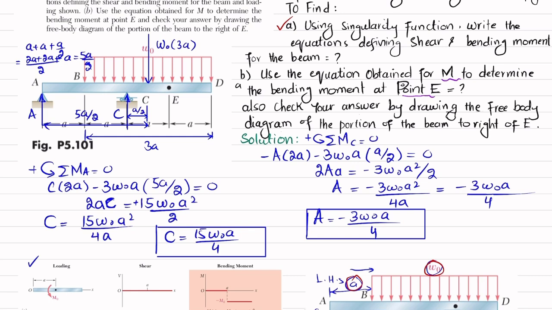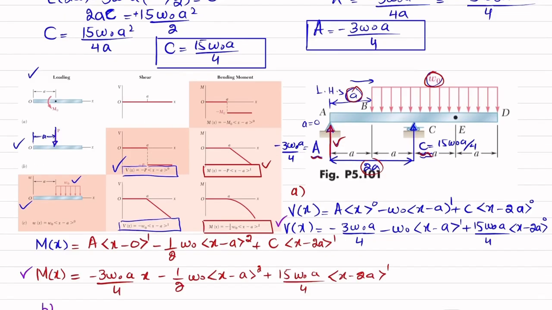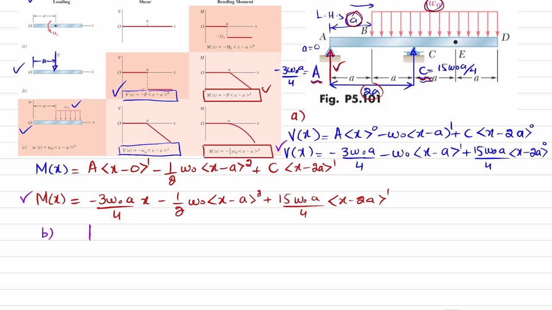at point E. You can see that this point E is at a distance of x equal to 3a. So what we will do is put x equal to 3a in equation, let this be equation number 1.